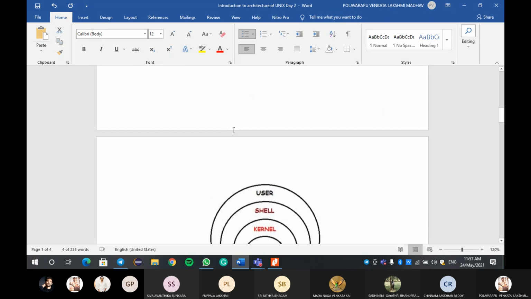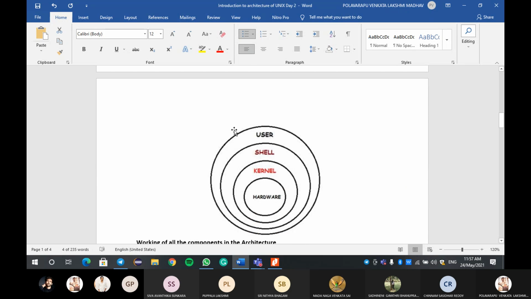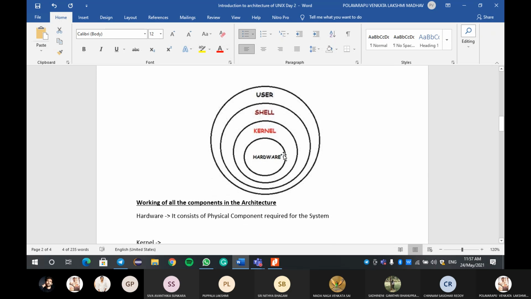Then, coming to Unix architecture, if you consider this architecture, there is no need to get some big sketches, so we can consider the small one. It starts from hardware, which is nothing but the basic things we require to build a good operating system. Those are the hardware components for an operating system.